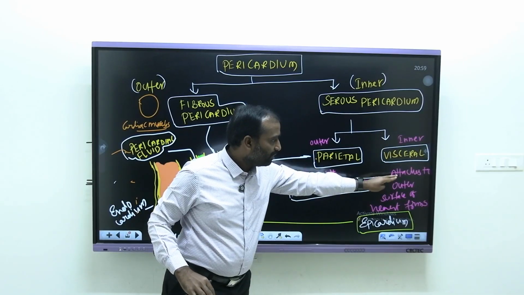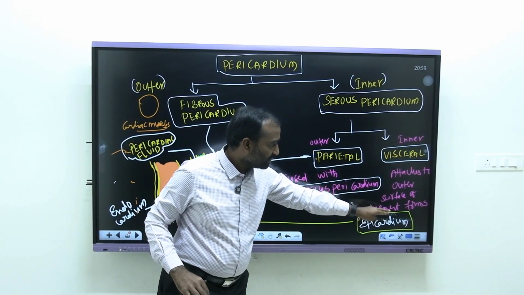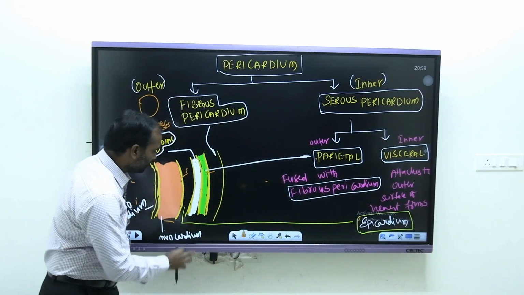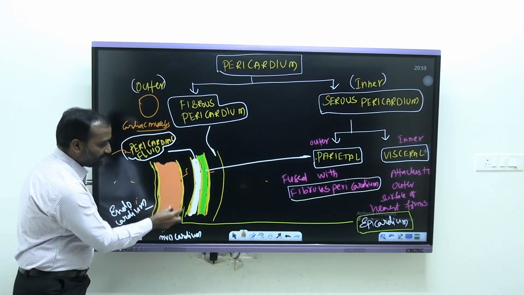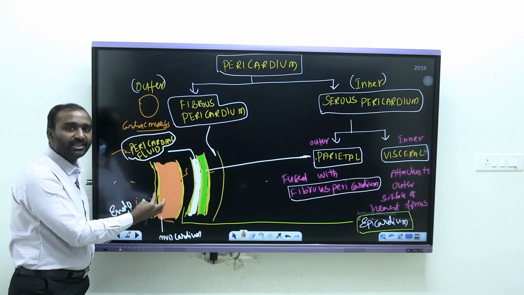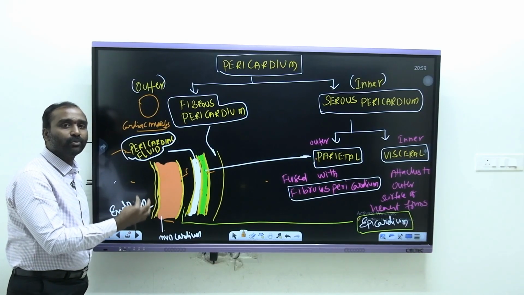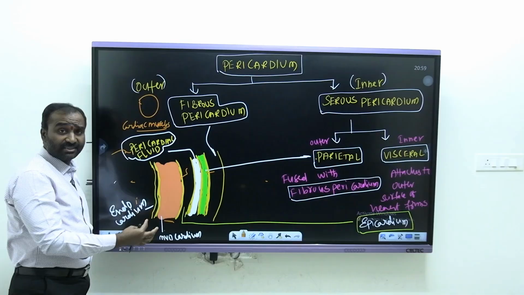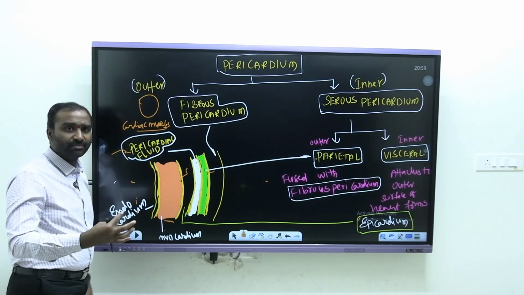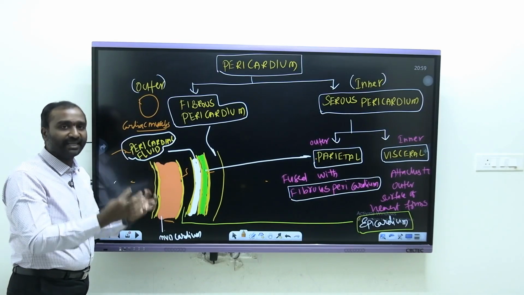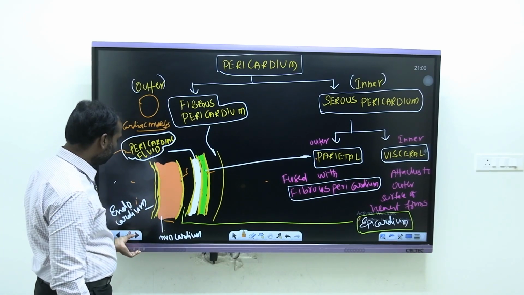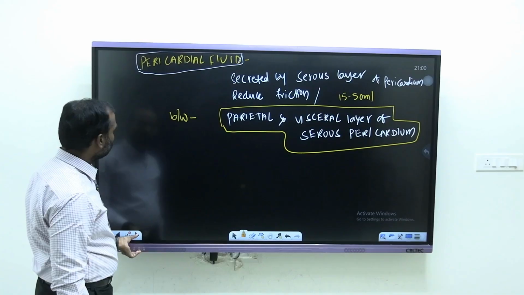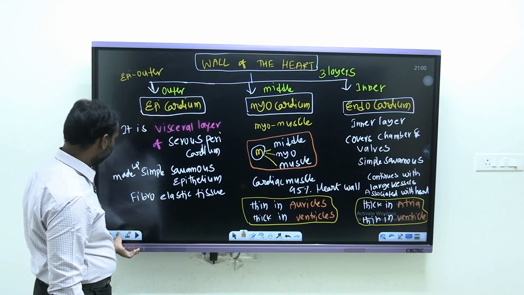Visceral layer, which will be attached to the outer surface of the heart, forming the epicardium. So this area is called what? Epicardium. This is myocardium, where the majority of the heart is composed of cardiac muscles, and with the help of the cardiac muscles it contracts and relaxes. Got it? Then next one is what? Innermost layer, endocardium. Okay now.